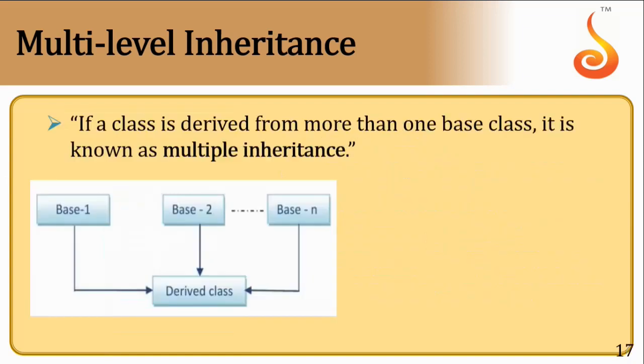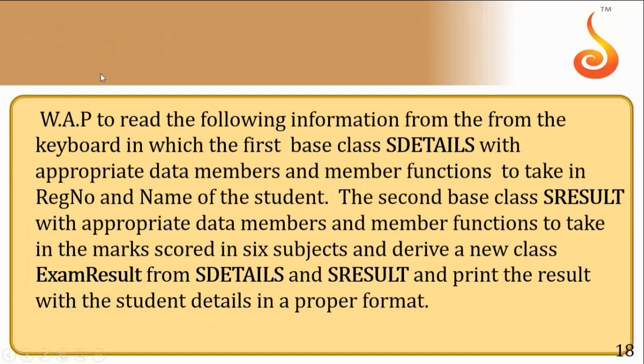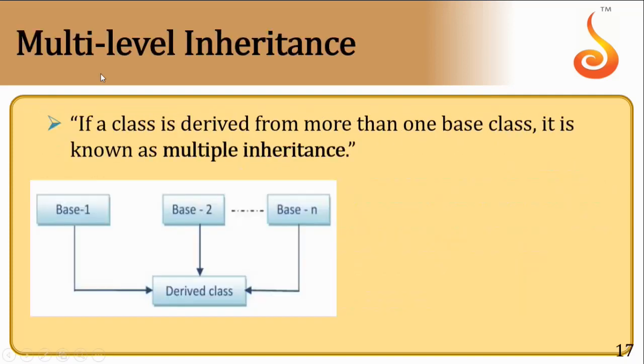Next is multiple inheritance. Make a change over here. This is not multi-level. You can make the heading change, but the statement is correct. If a class is derived from more than one base class, it is known as multiple inheritance. One living example is a child and parents, wherein the child inherits some qualities from the father as well as some from the mother, and the child has its own.